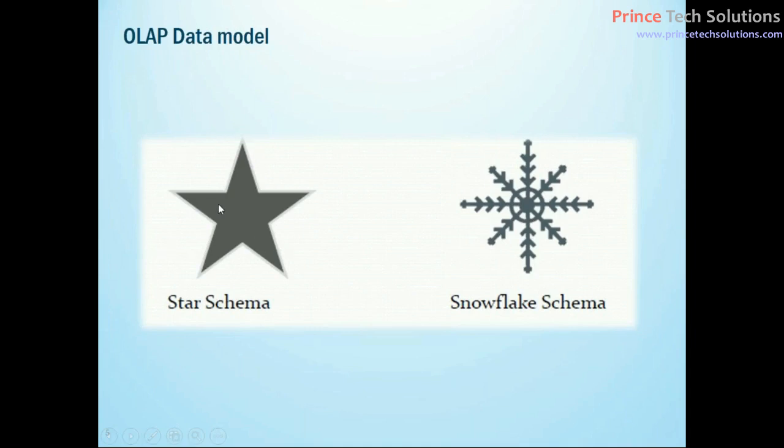They all will be connected to the fact. Whereas Snowflake schema is something like, you would have one fact. Across the fact, you would have dimensions around it, and each table is also connected to one or two more dimension tables.